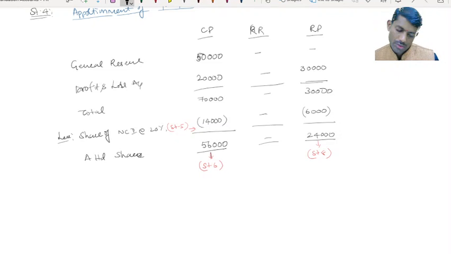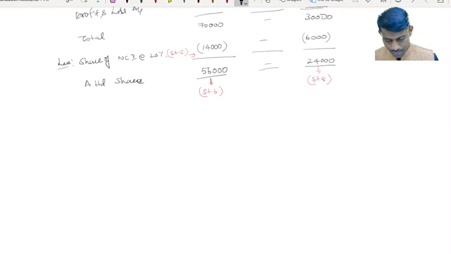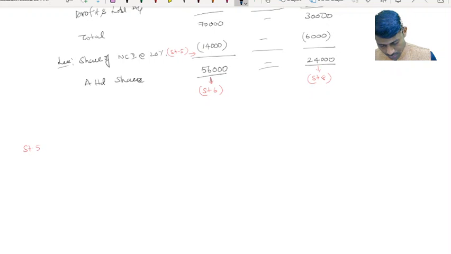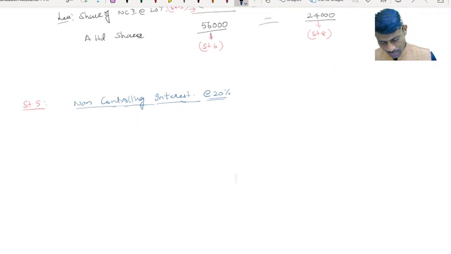Then let us go to step number 5, non-controlling interest at 20%.